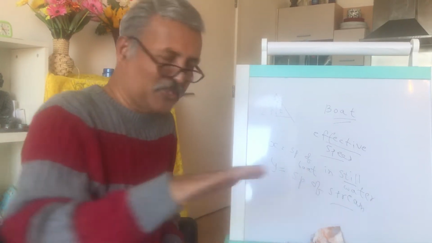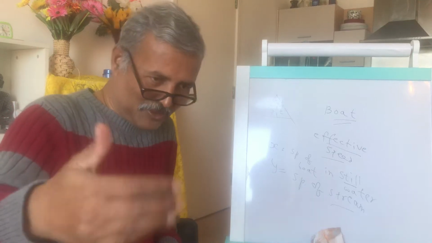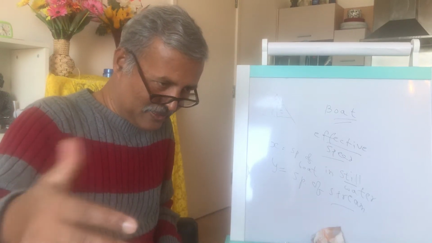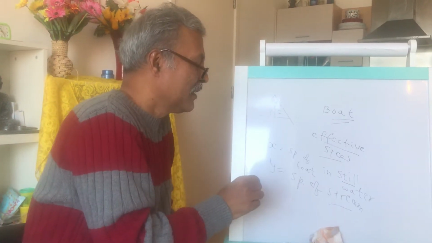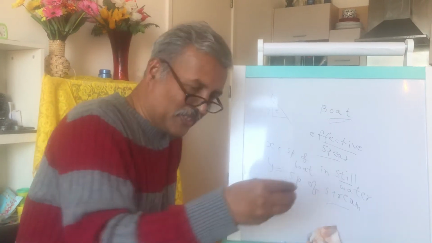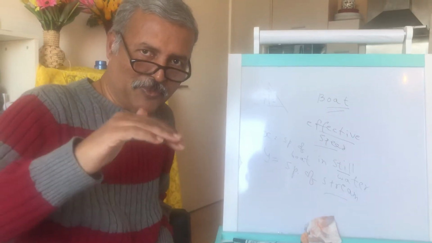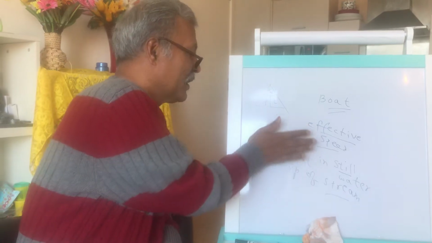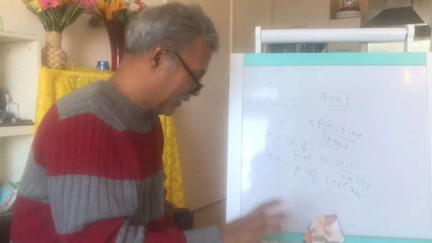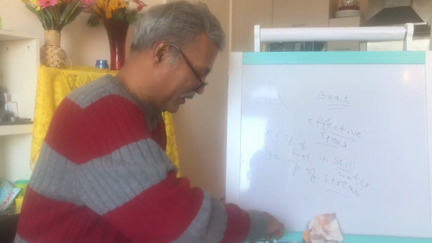Imagine water is still. Then with whatever speed you travel, that is called x. But in reality, the stream is not still. It is moving with some speed. Therefore, x will be there, y will be there. Now, please understand carefully.